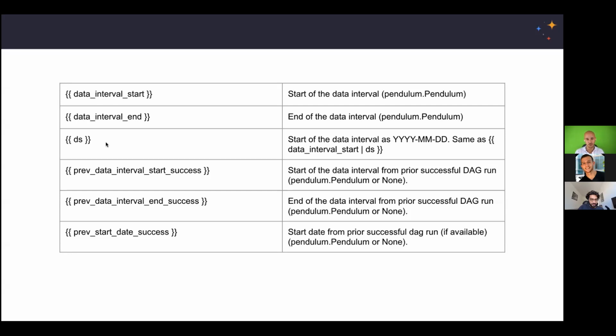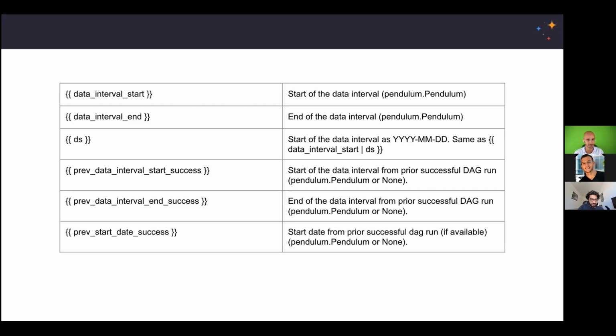And then you have three other variables that I like a lot, which are prev_data_interval_start_success, prev_data_interval_end_success, and prev_start_date_success. Why are those variables truly useful for you? I think it's important for you. I mean, you will love that. There is a good chance that you have already wondered, how can I make sure that if my previous DAG didn't succeed, then I don't want to trigger my current DAG, or my next DAG?